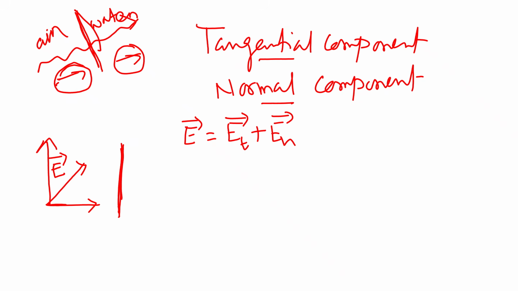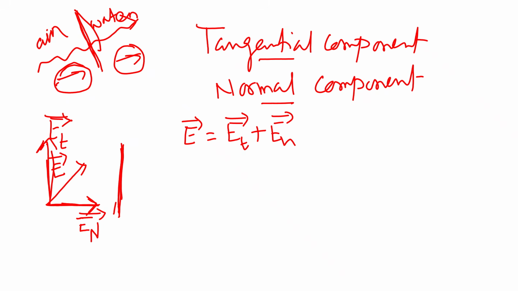Now this horizontal component is perpendicular to the surface, so I will call it the normal component. So this will be nothing but my En vector, and this vertical line, which is actually parallel to the surface, I'll call it the tangential component of the electric field.